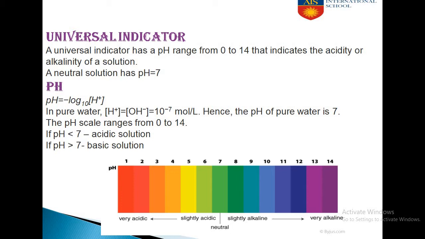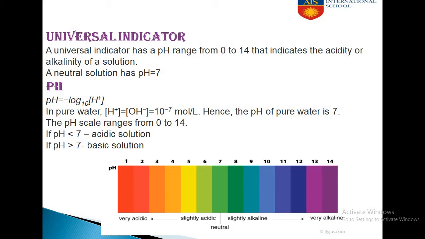If the pH value is less than 7, then the solution is acidic. And if the pH value is more than 7, then the solution is alkaline.